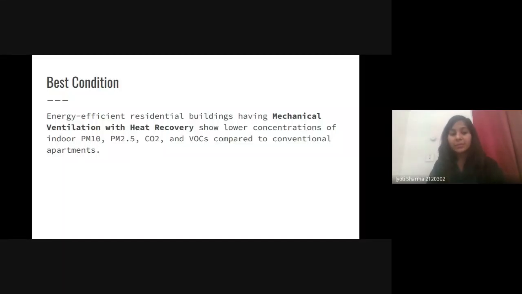And the houses that have mechanical ventilation with heat recovery will show lower concentrations of indoor particulate matter, carbon dioxide, and VOCs.